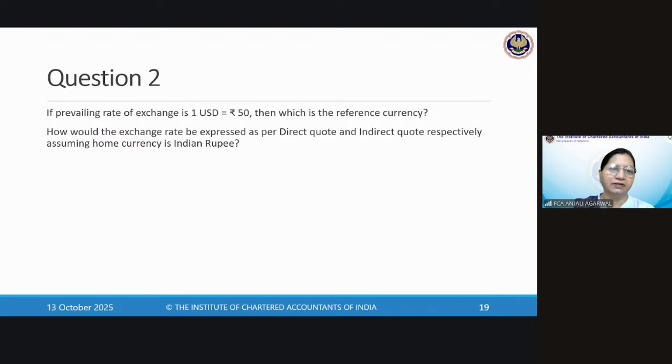Next question. Prevailing rate of exchange is 1 USD is equivalent to rupee 50. Which is the reference currency here? Quickly type in the chat. USD, ma'am. Are you sure? Yes, ma'am. 1 USD is equivalent to rupee 50.